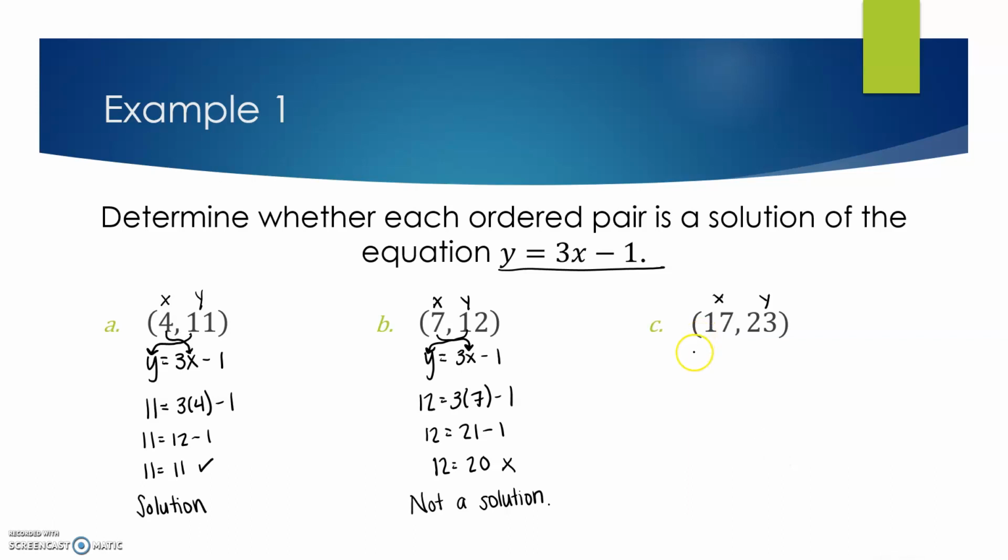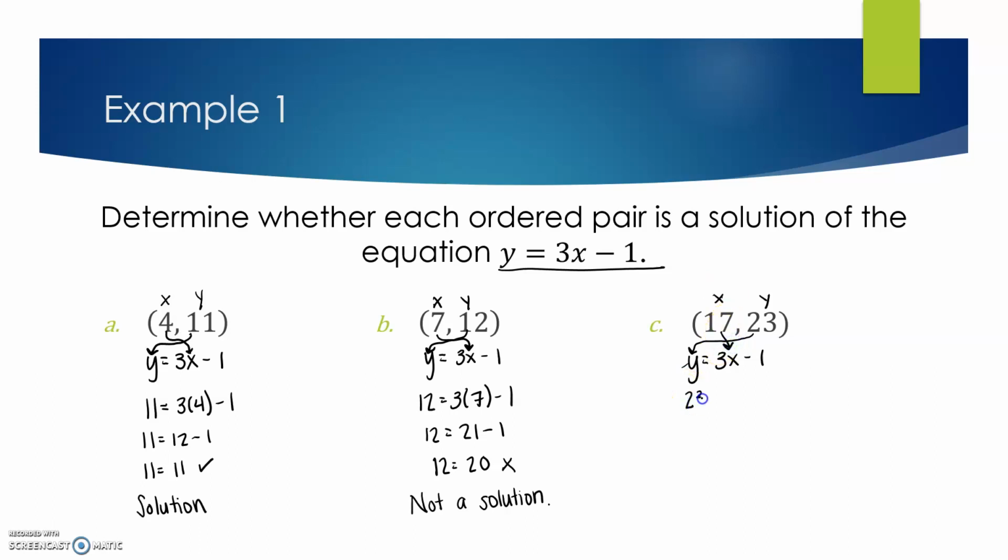Final problem, we have 23, or excuse me, sorry, I didn't write my equation. Y equals 3x minus 1. I think it's good to always rewrite your equation so that you're not forgetting what you started with. That's a bad arrow. I'll try that again. There we go.